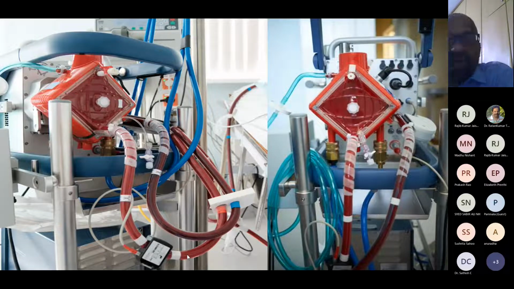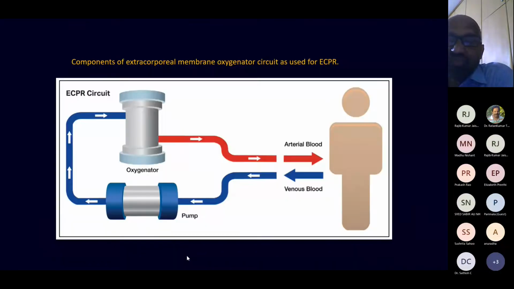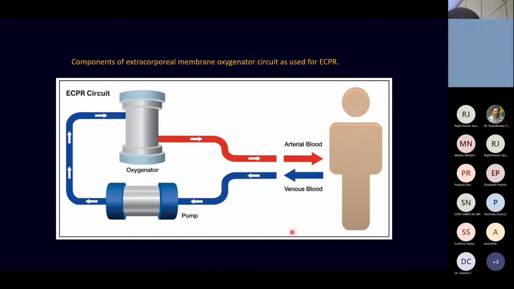The circuitry may look very overwhelming, and you can see the relatively deoxygenated blood coming out from the patient's body, getting oxygenated and going back into the patient's body, maintaining the oxygenation as well as perfusion. The components of the extracorporeal membrane oxygenation circuit are shown here. This is true for arterial ECMO. Venous blood is taken out and pumped through the oxygenator into the arterial system.